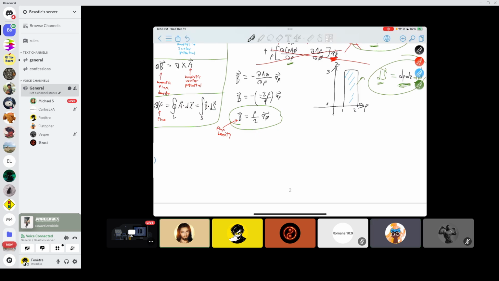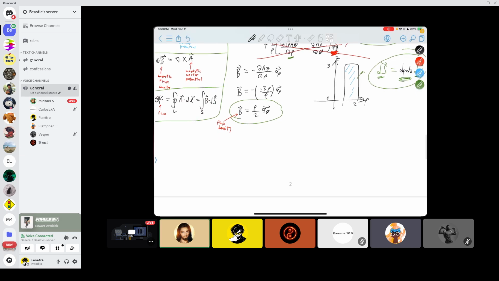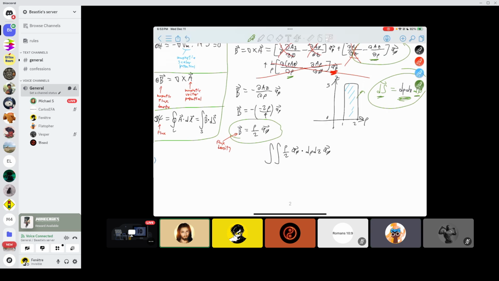All we need to do now is plug and chug. So we have our integral. We have rho over 2 a phi dot product with ds, which is d rho dz a phi, and a phi dot a phi is just 1.